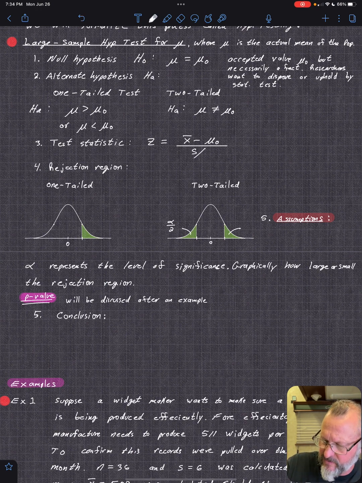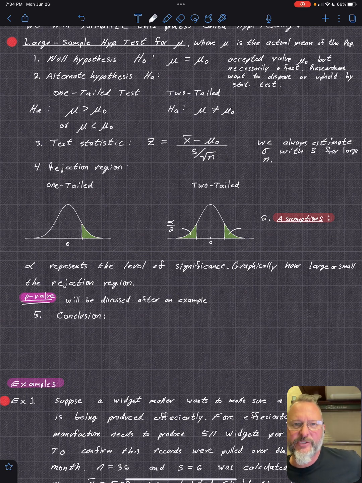And then it's S over the square root of N. I wrote a note there: we always estimate sigma with S for large N. When we say large N, we usually mean above 30, and generally the more the better.